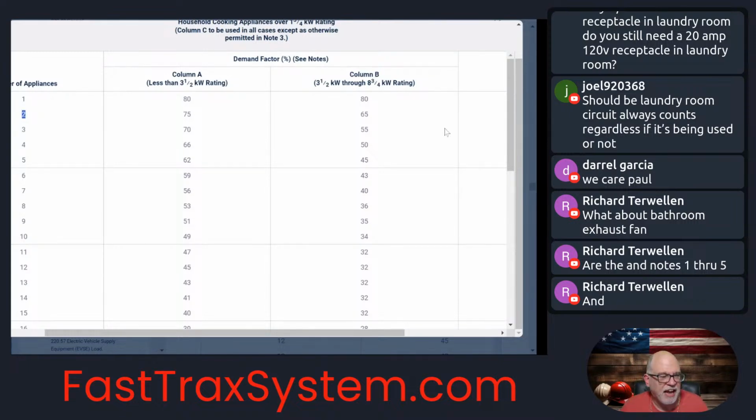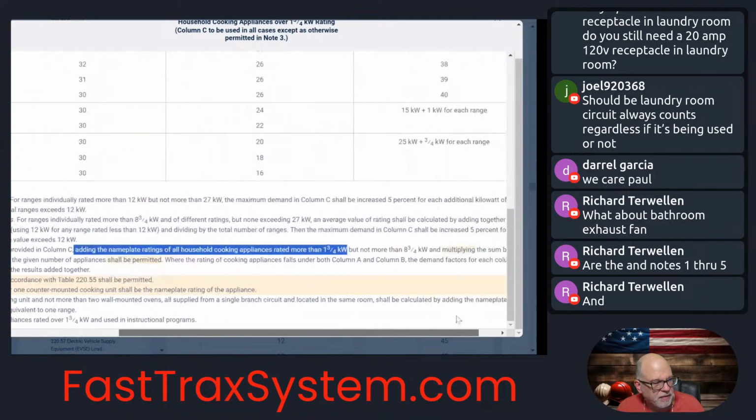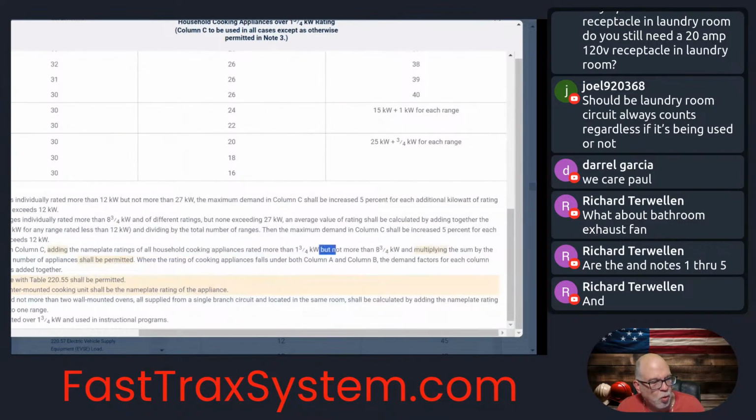And what does it say for note 3? Well, let's read it a little more. It says, in lieu of the method in column C, I can use column A or column B, by adding the nameplate ratings of all household cooking appliances rated more than 1 3/4, and both of ours are, but not more than 8 3/4, and none of ours are.